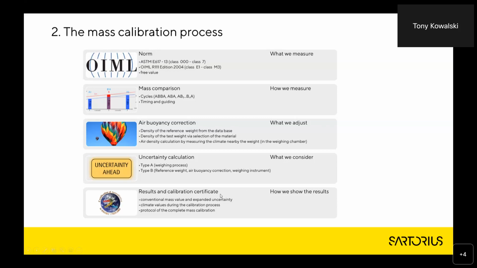And finally, we can calculate the conventional mass of the weight we're testing, and we need to be able to quote that together with a combined or expanded uncertainty, because any value you write down is only valuable when it's written together with the uncertainty.